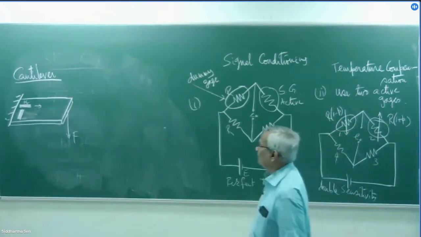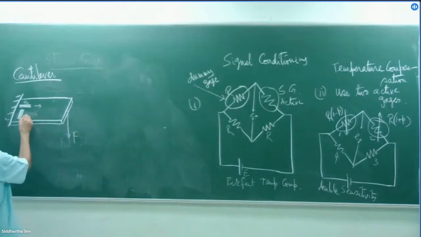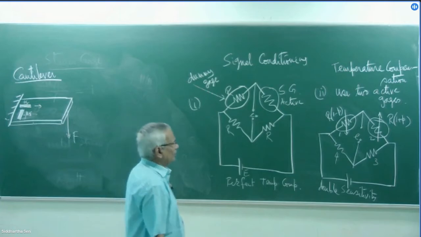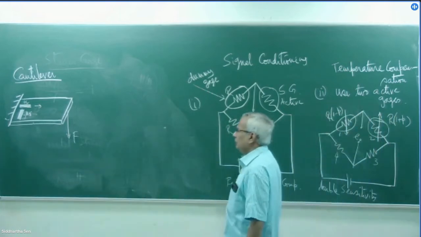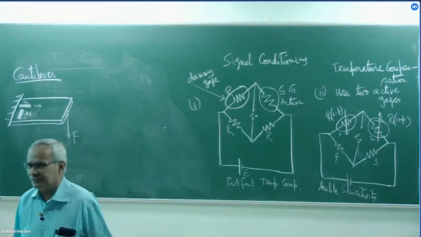So in this case, if the first is plus epsilon, the second one will experience minus mu into epsilon. Maybe this will not be the same P, but one will be experiencing positive strain and the other negative strain.